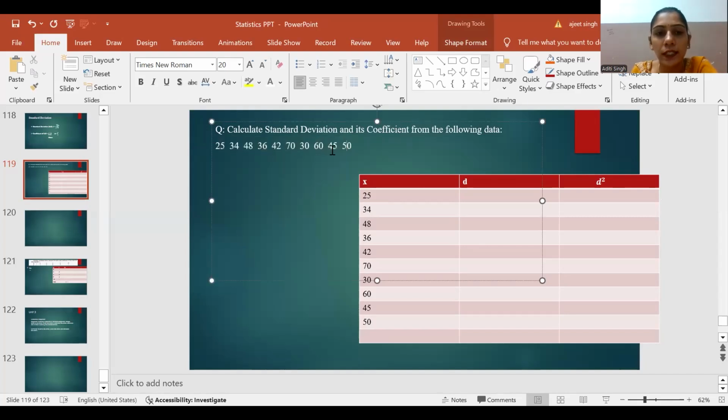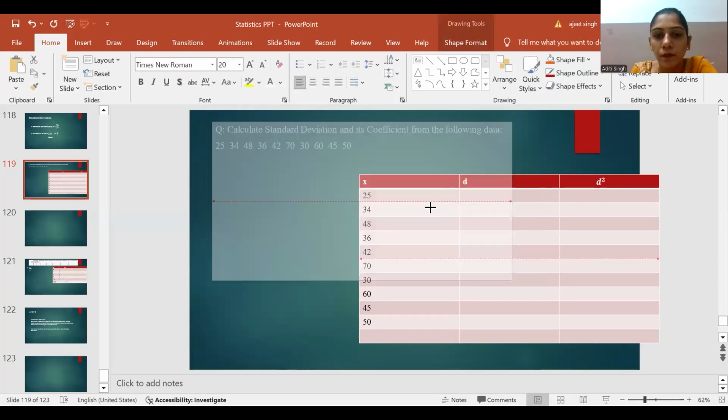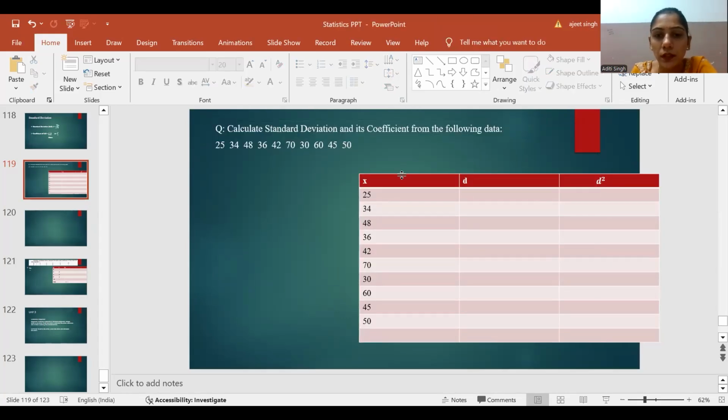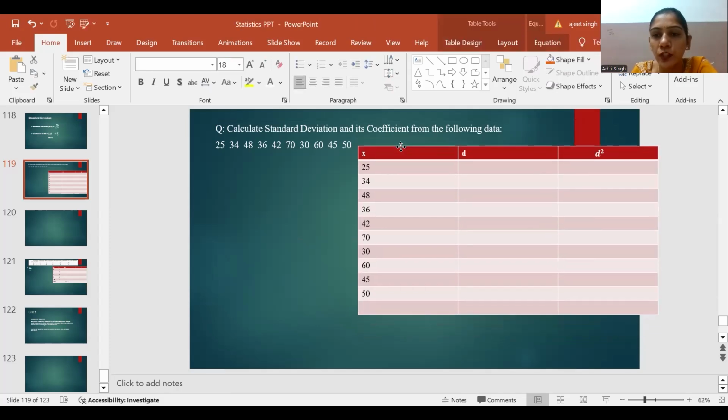The data is given in an individual series. For this individual series, we have to calculate the standard deviation, and after that, the coefficient of standard deviation. First we have to calculate the mean, and with the help of mean we calculate standard deviation.